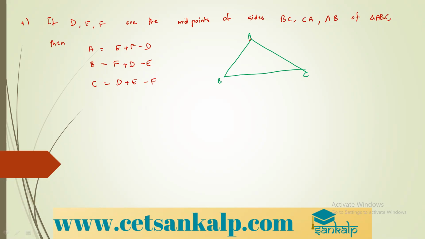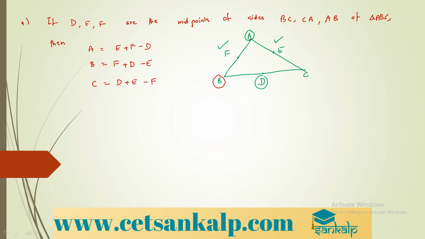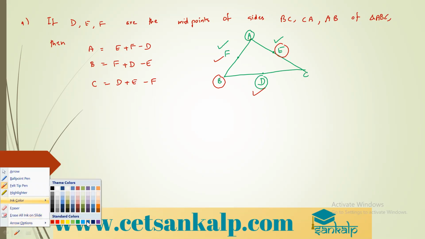For the side BC, the midpoint is D. CA's midpoint is E. AB's midpoint is F. So to find A, you have to take E plus F minus D. Same way, to find the vertex B, you have to take F plus D minus E. See the order, to remember, it will be easy.